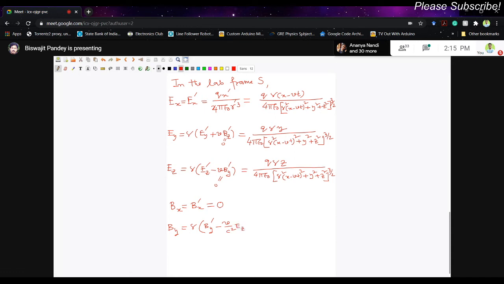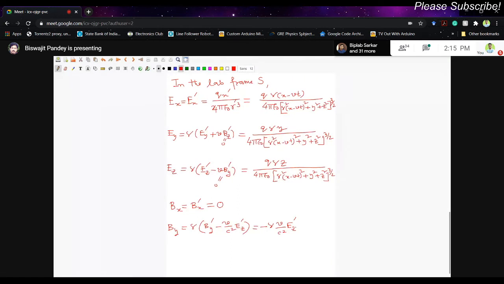And Ez prime, because in this case the first term is 0, the second term is non-zero. So if I put a plus, that will be a wrong result. So By will be minus gamma V by c square Ez prime. So this is, again you see, gamma times Ez prime is nothing but Ez. I have shown it earlier, right?